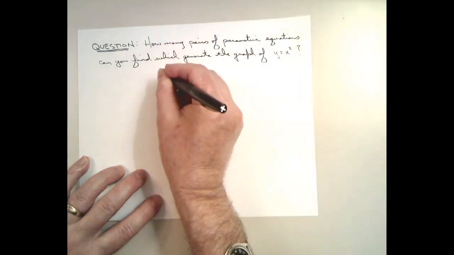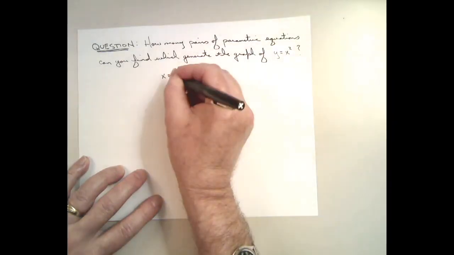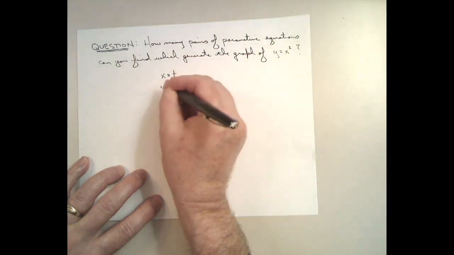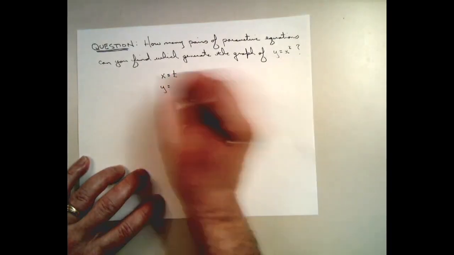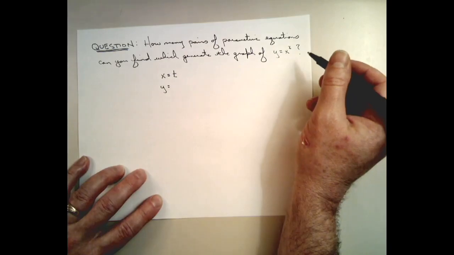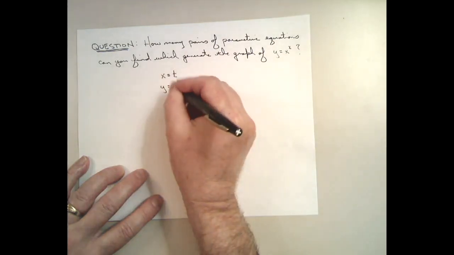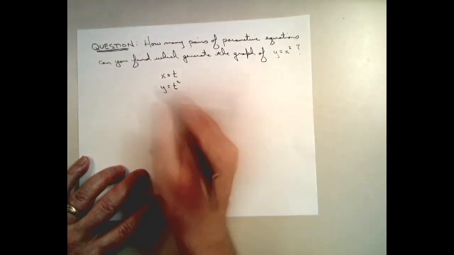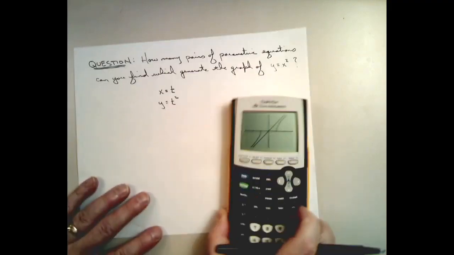and that would be letting x be t and letting y be, well, let's see, if I want to graph y equals x squared and x is t, then I would want y to be t squared. That should do it. Let's check it out with our calculator.